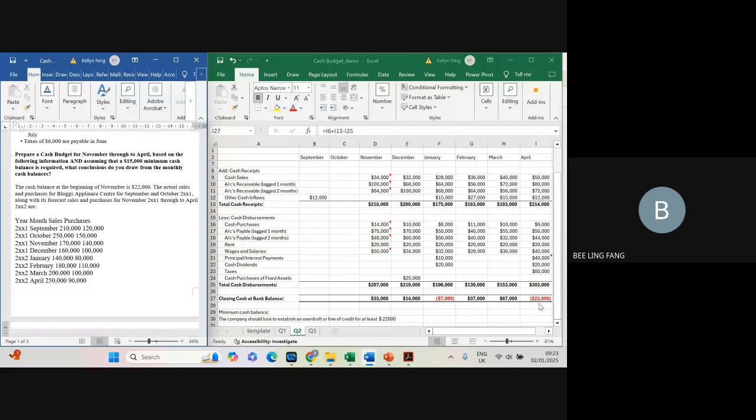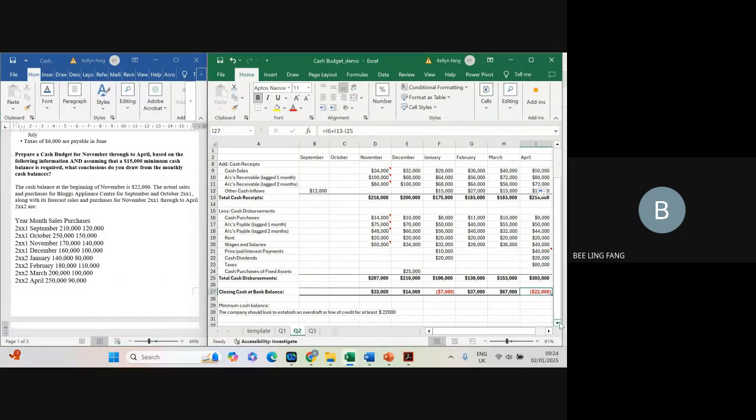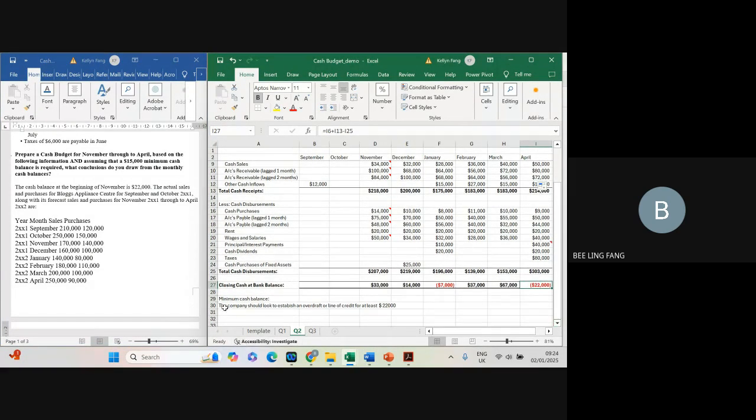But now it's negative, right? So what you need to do? The company should look to establish an overdraft of at least 22,000, or at minimum 15,000. This one is from the solution.